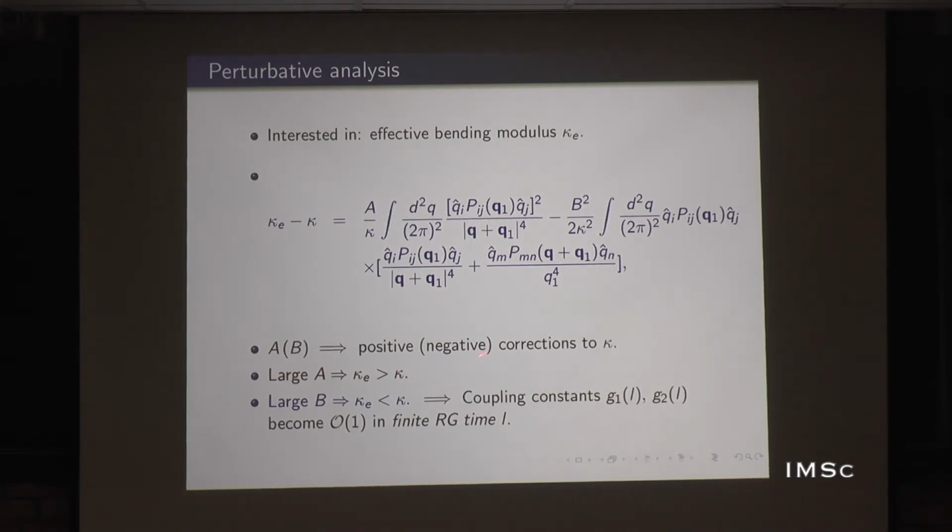And then in terms of RG, this basically means the coupling constant becomes order 1 in finite RG time. So, I mean there is no time here, time is basically a proxy for size here. So, basically within a finite size you can see the effective bend modulus has vanished if B is too large.